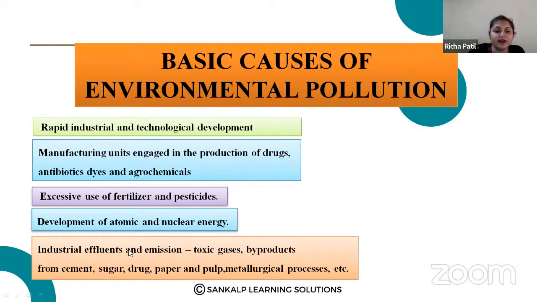Then industrial effluents and emissions. When industries produce their products, they also form byproducts, and a large amount of toxic gases is released. There are byproducts from cement, sugar, and drug industries, and also from paper and pulp and metallurgical processes.